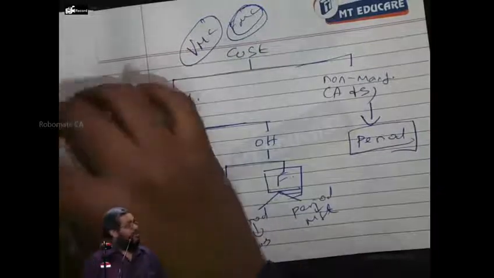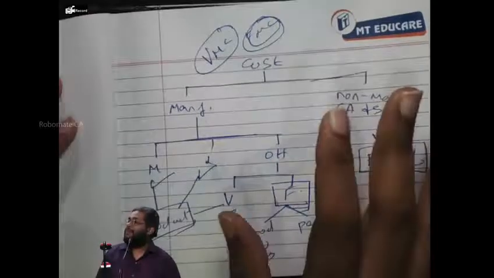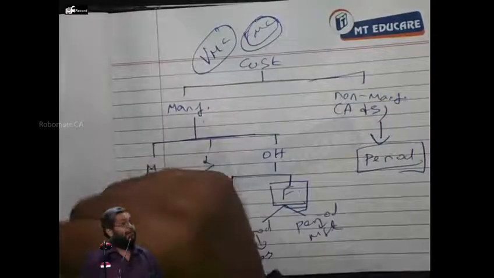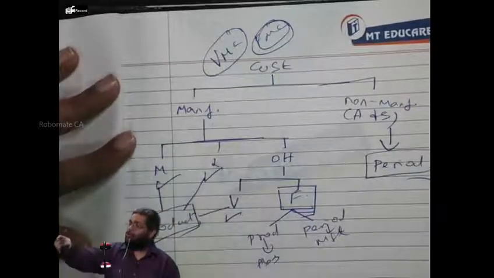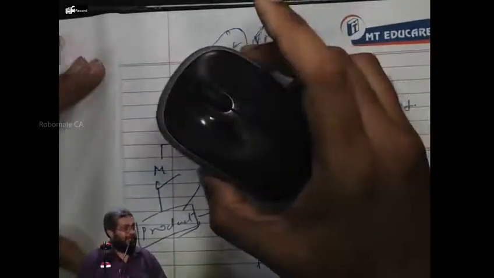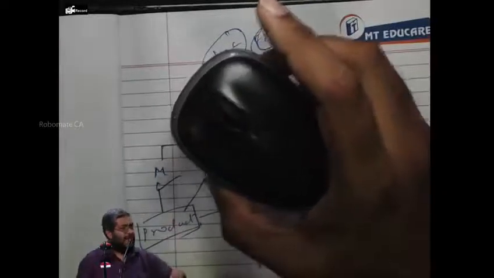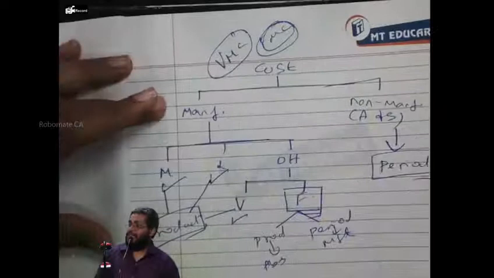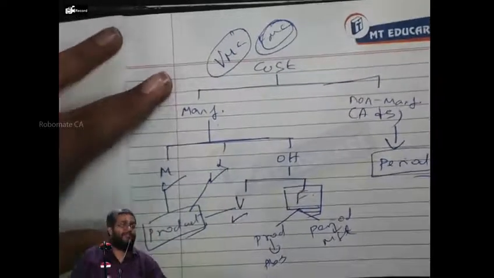But still, I have to make the room rent per unit, because I have to value my stock by giving per unit room rent also. That means a cost which is not unitized should be made unitized. How to charge fixed cost per unit is the next stage of discussion in absorption costing.